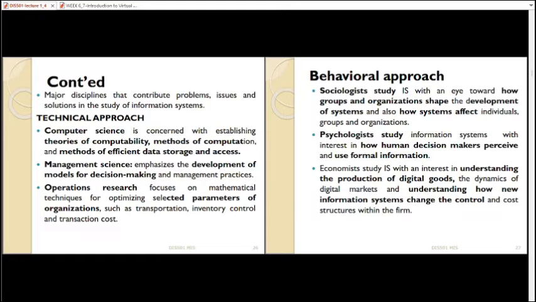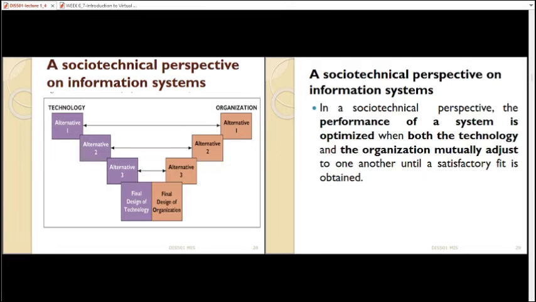Under the behavioral approach, ensure that your staff are in the right position to make the right decisions. This can also involve staff welfare and all that. So we have sociology study, psychology study, and economic study of IS, with the interest of understanding the production of digital goods and dynamics. We look at it from those two different perspectives, and they are all related.